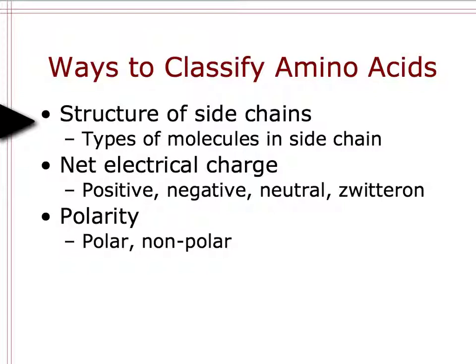So that would depend on how it could function in the body. It could move around in the blood, where if something's nonpolar, it would need something else with it to dissolve in the blood. So that's really the core when we think about classifying amino acids, thinking about how they will function in the body or how they will interact with other things in the body.